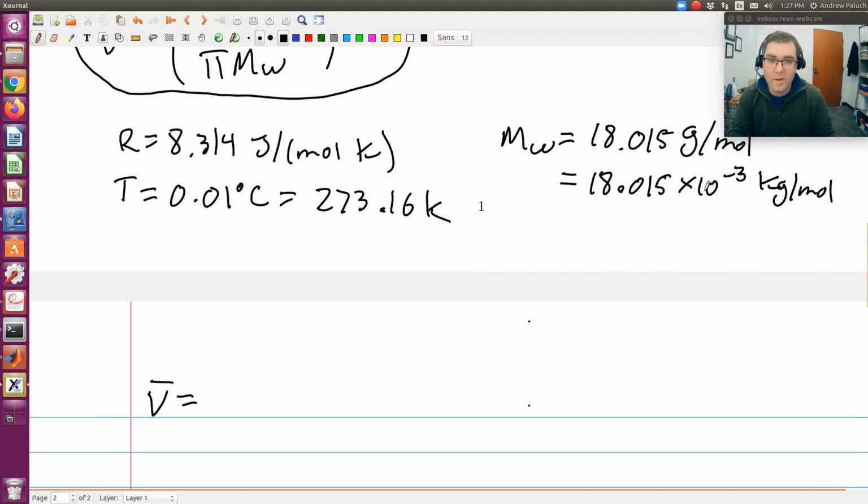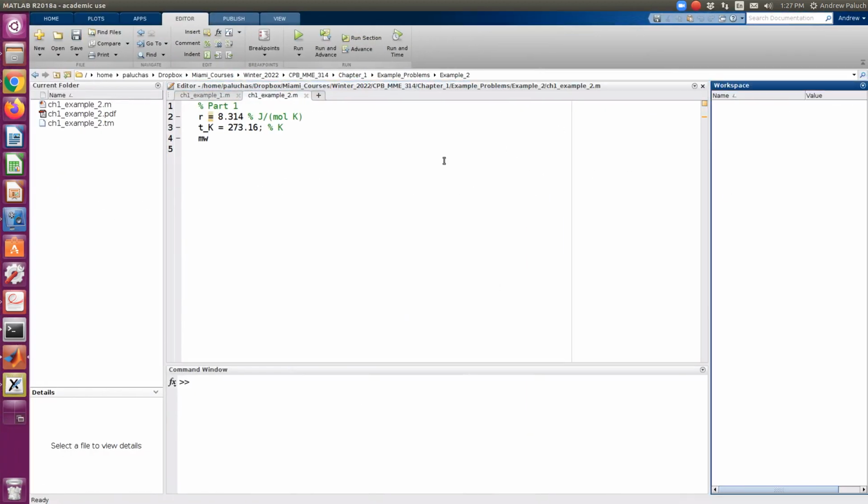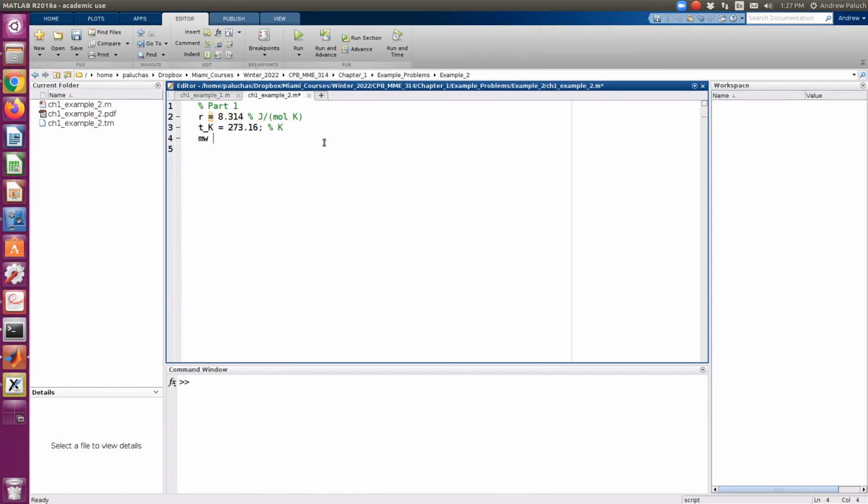Our molecular weight is 18.015 E to the -3, and that's kilograms per mole.